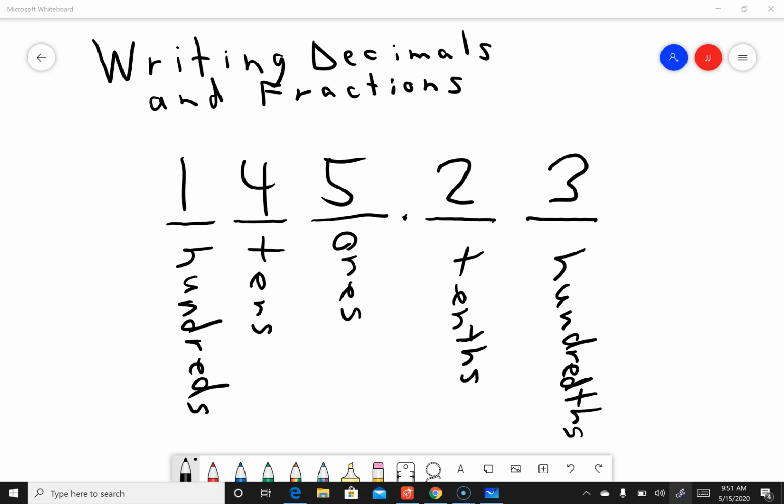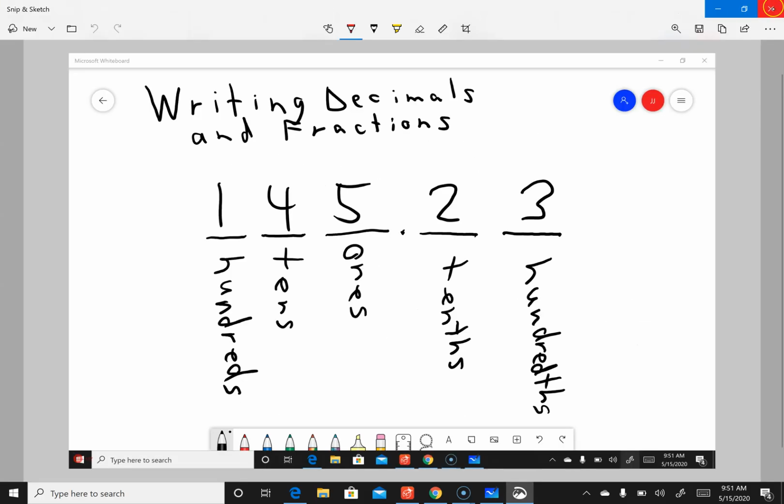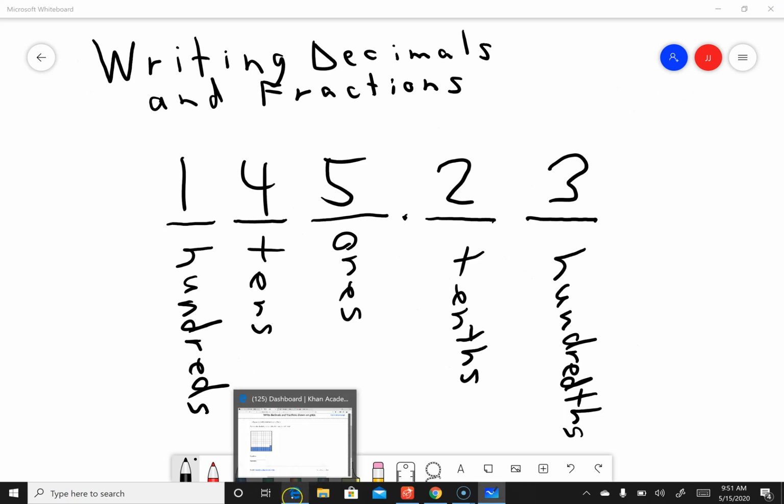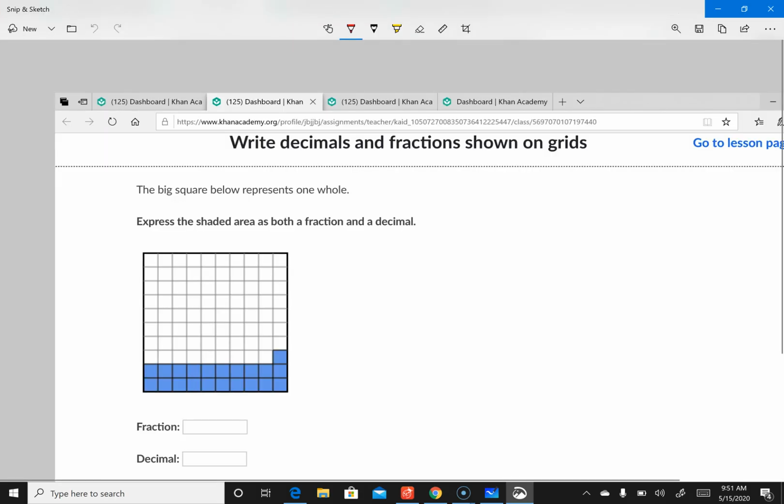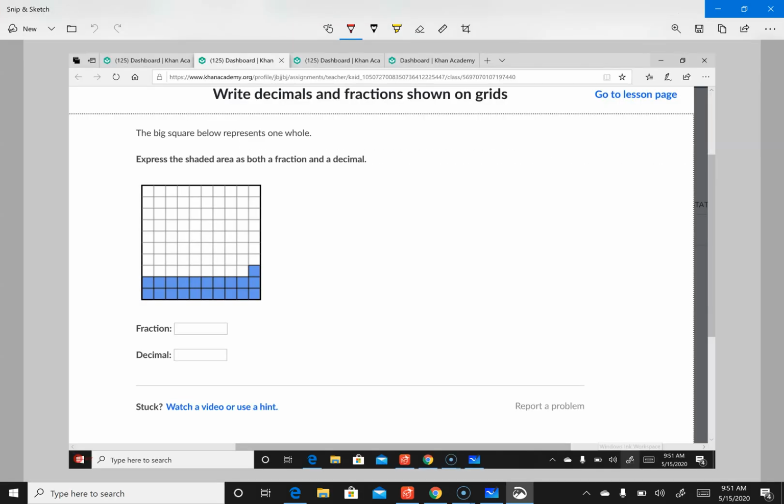I'm going to go to Khan Academy and show you how it would look here. Here I have a problem that says express the shaded area as a fraction and as a decimal.